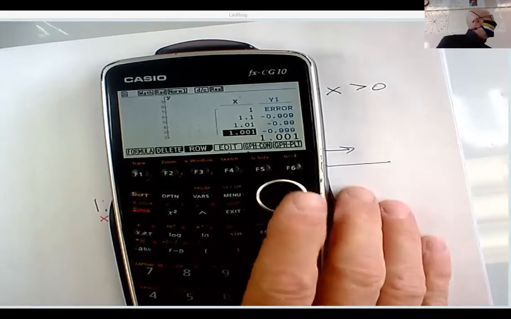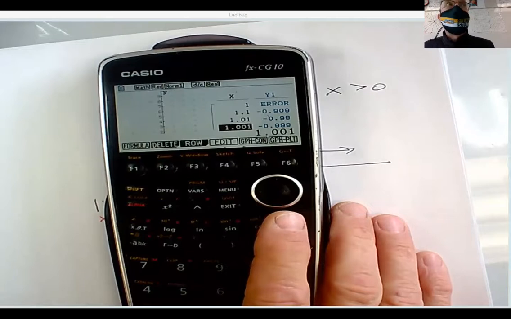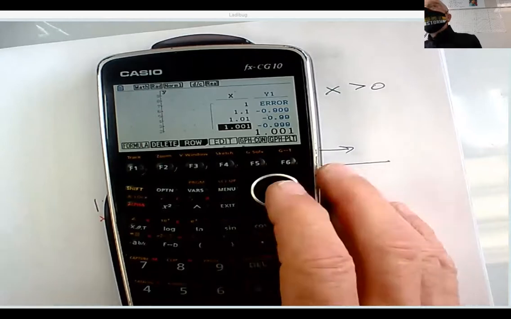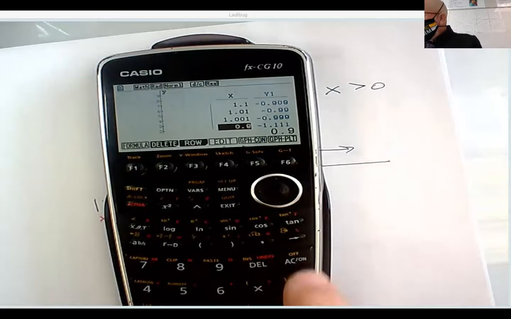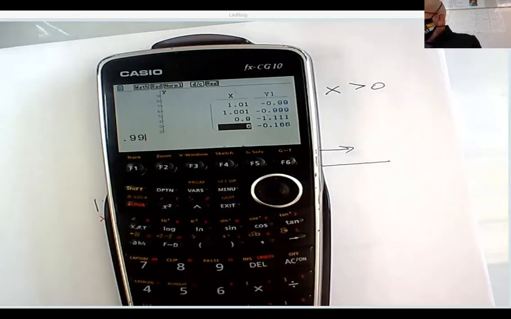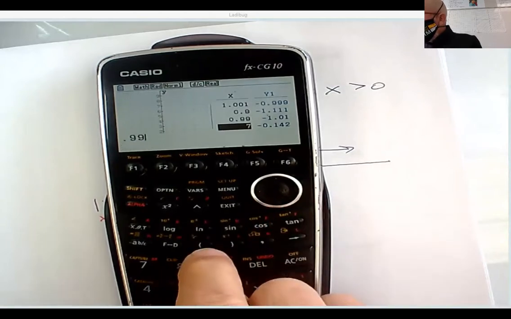Well, what do you think that limit is by looking at those values? What am I approaching? -1. I'm thinking I'm going to get -1 as my answer. Let's approach from the other side. 0.9, 0.99, 0.999.